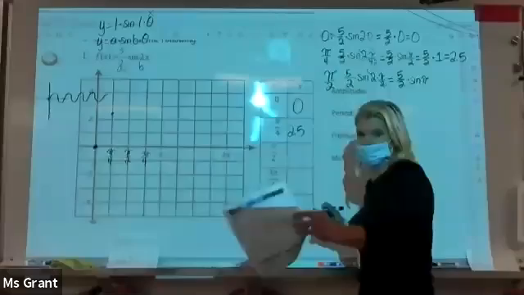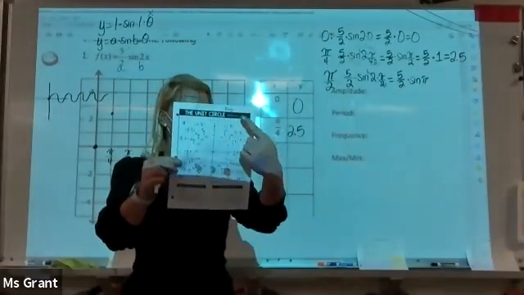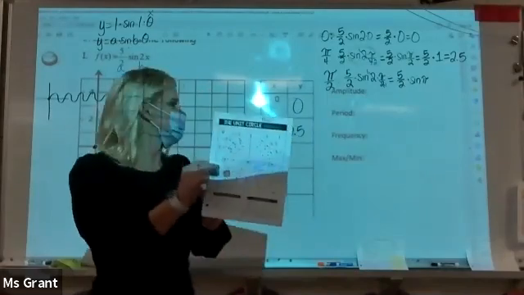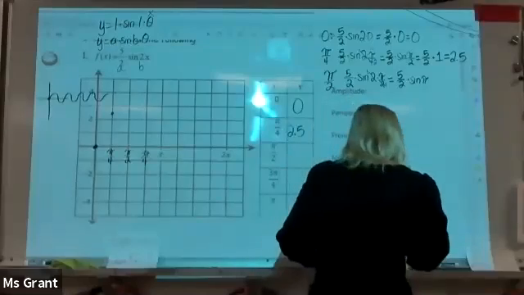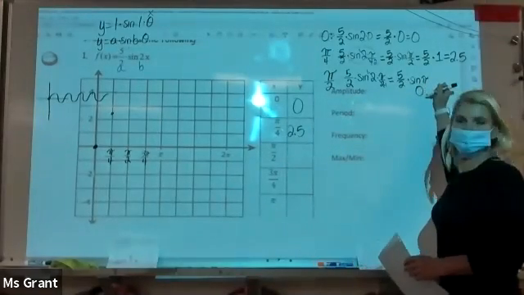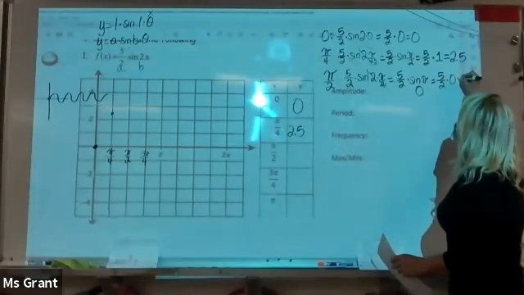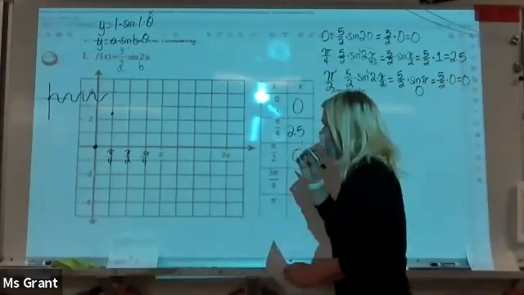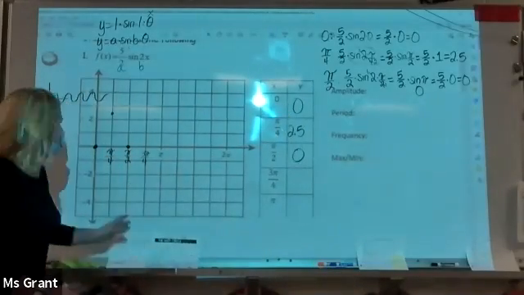What's the y value at pi? Here's pi. Am I doing it right? Yeah. Okay. Well, sine of pi is 0, isn't it? 5/2 times 0 is 0. Pi over 2 is back at 0. It's starting to head downward.